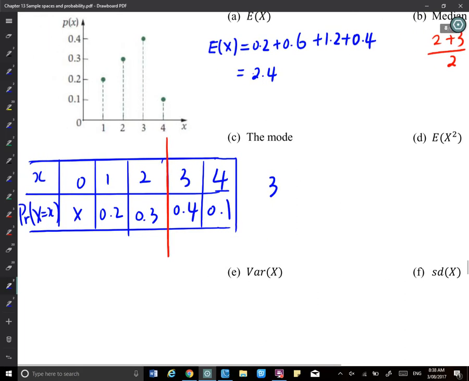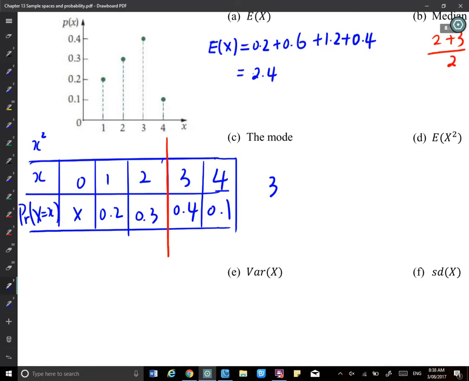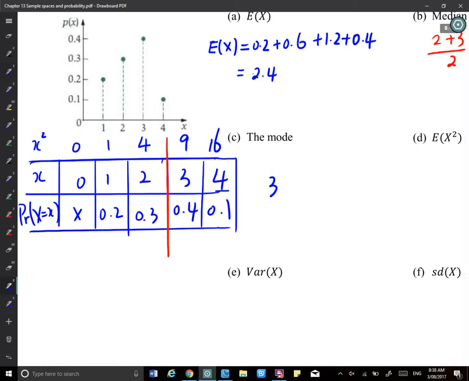And we're looking for expected x squared. So we have another line to write x squared. We can't say it's expected x and then square that value. It's not 2.4 squared. The way we calculate that is to find the x squared values and multiply by the probability of getting x.